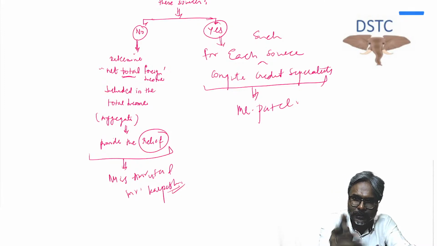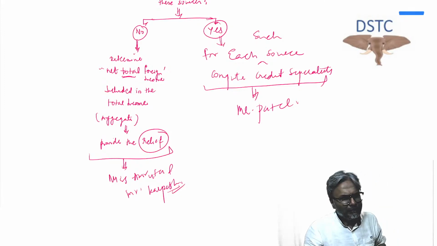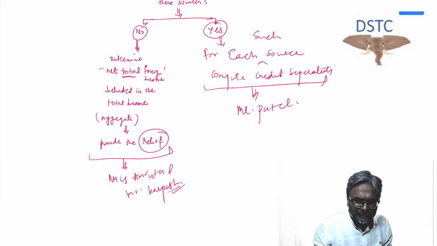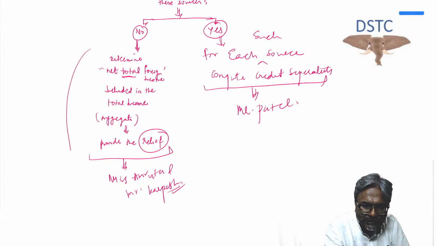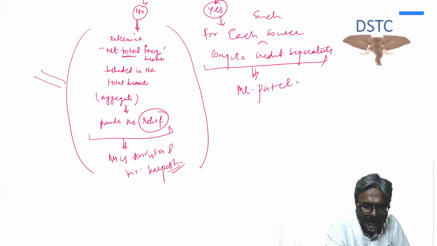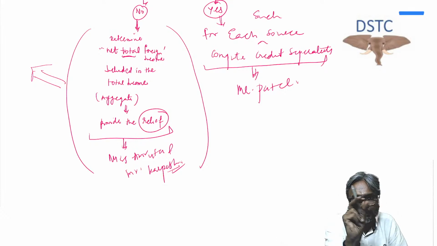If that is the case, your job is easy. What do you have to do? Whatever is the foreign income, in this situation you will take the aggregate of all.